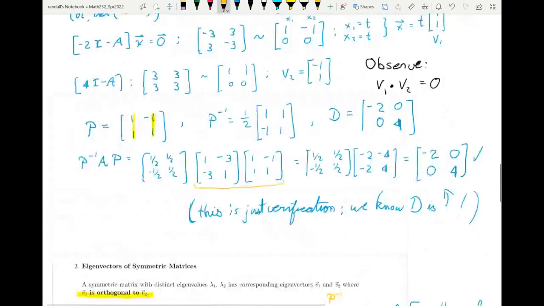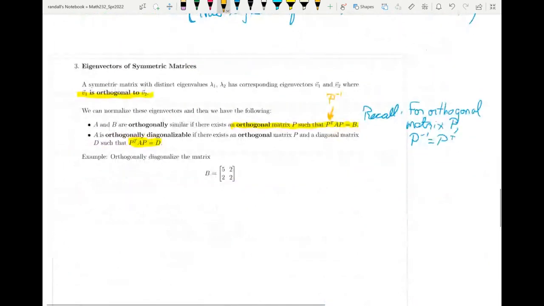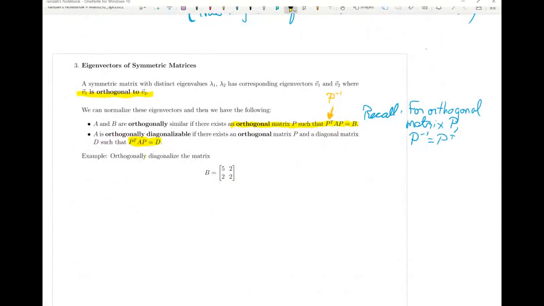The method of this section, 8.1, all right, so orthogonally diagonalize. Notice there's another word here, orthogonally diagonalize. Last time we just diagonalized the matrix. Now we're orthogonally diagonalizing the matrix. So why is there this extra word here? i.e., P will be an orthogonal matrix. So that's the nomenclature, the lingo we use when we talk about diagonalizing a matrix.